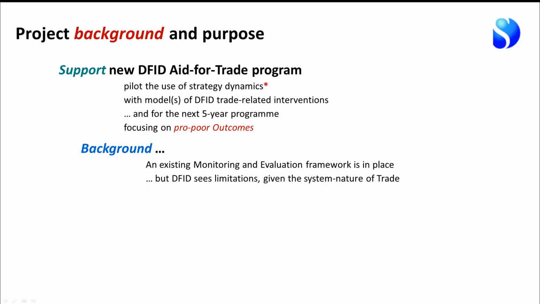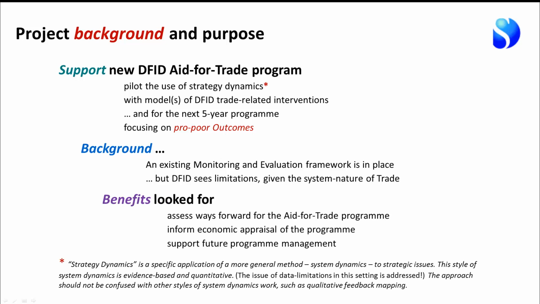So the benefits that they're looking for are to help assess ways forward for the whole Aid for Trade programme and inform how that programme is appraised from an economic value for money point of view. And furthermore, not just to appraise that programme looking forward, but once the programme starts, actually support the ongoing management of the programme of interventions that they're trying to make.